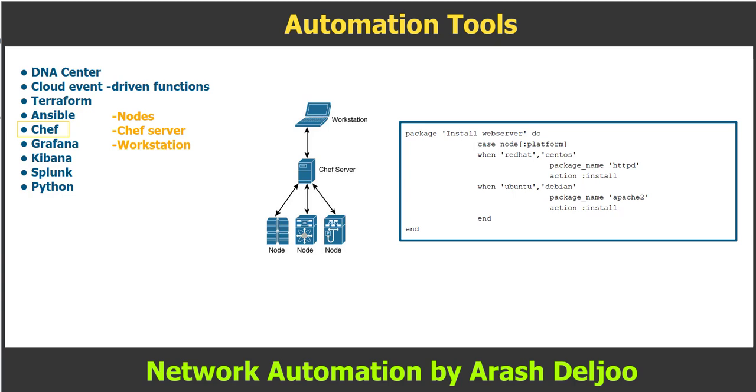Actually, here you can see a Chef recipe to configure new web servers depending on operating system platforms. Okay, here we have package install web server do and then some other information. They are related to Chef. Chef managed systems or nodes are constantly monitored to ensure that they are in the desired state. This helps avoid configuration drift.